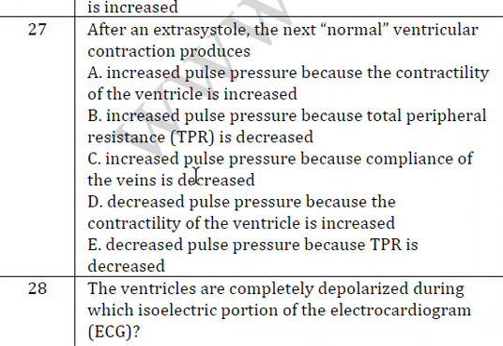C. Increased pulse pressure because compliance of the veins is decreased. D. Decreased pulse pressure because the contractility of the ventricle is increased. E. Decreased pulse pressure because TPR is decreased. And the answer is A. Increased pulse pressure because the contractility of the ventricle is increased.